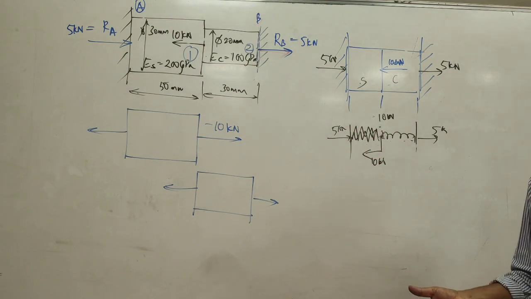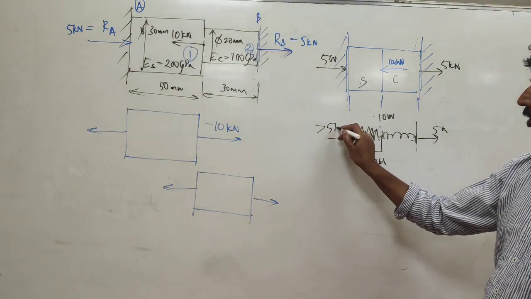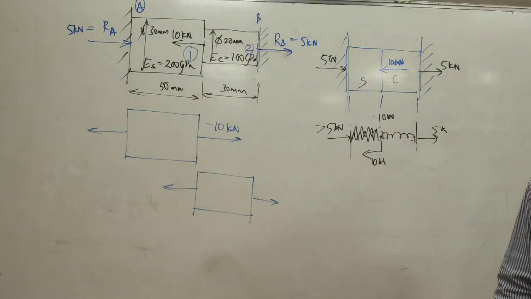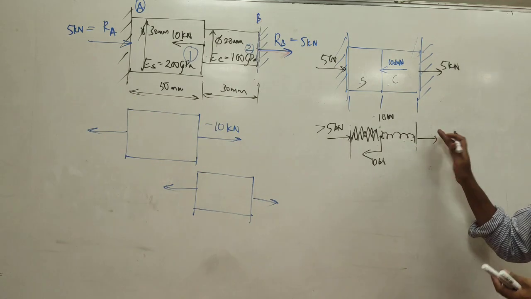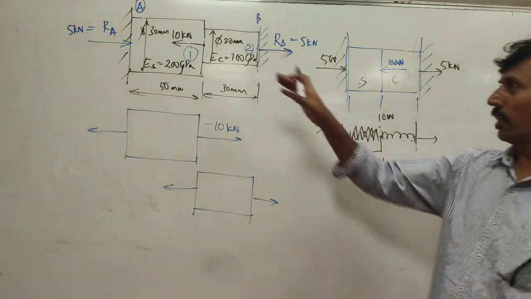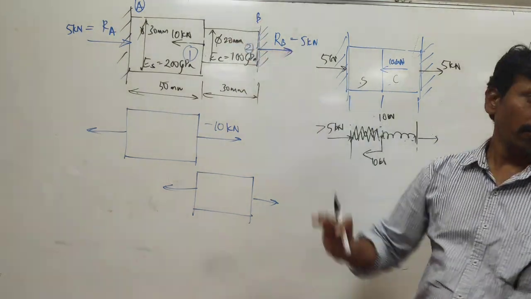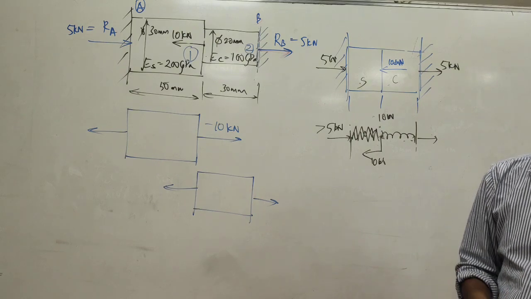The stiffer spring. So it will take more reaction load, more than 5 kilonewton. The softer spring will produce a lesser reaction force, like 3 or 4. So you should not directly write 5 and 5. You should call them RA and RB and solve for them.